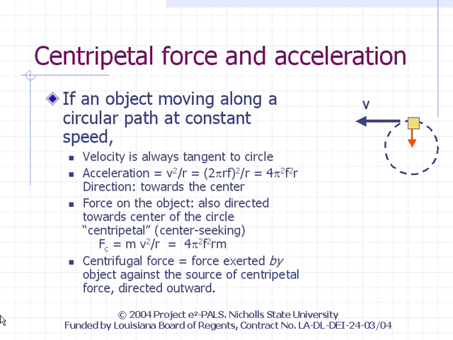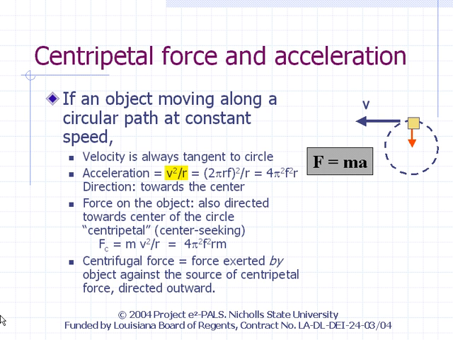Newton's second law says that force equals mass times acceleration. The acceleration vector points in the same direction as the net force on the object. In this case, the acceleration is also directed toward the center of the circle. It can be shown that for an object moving at constant speed, v, along a circular path of radius r, the acceleration is equal to v squared divided by r.